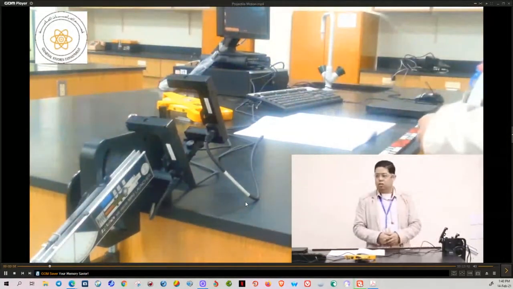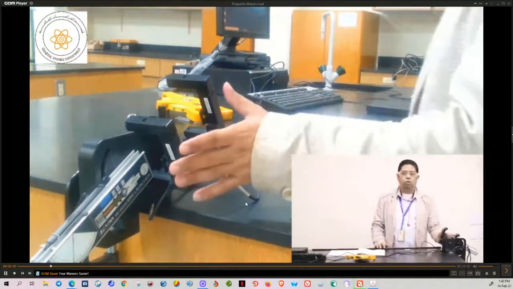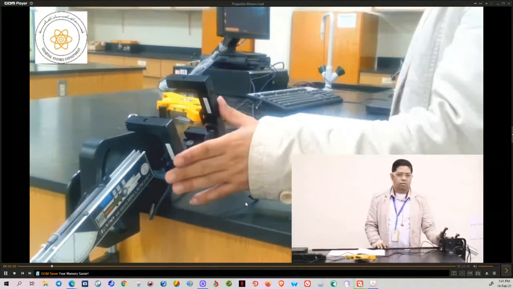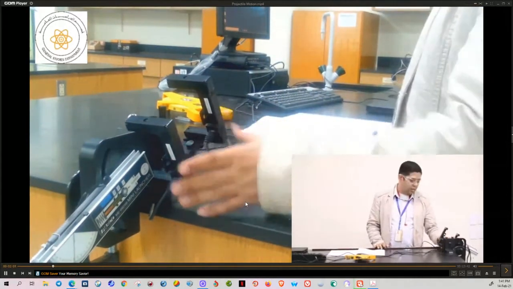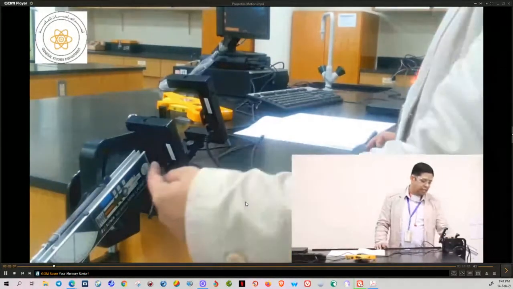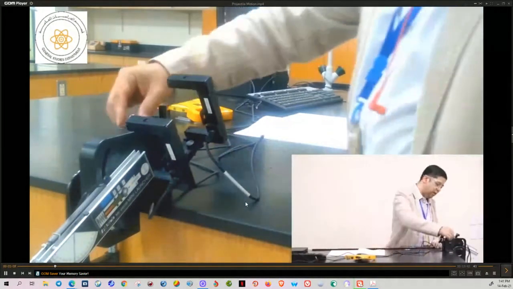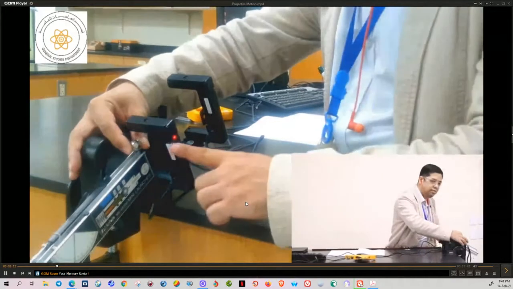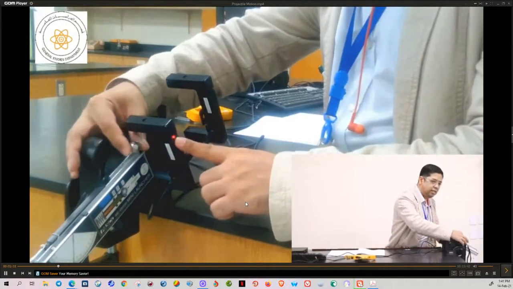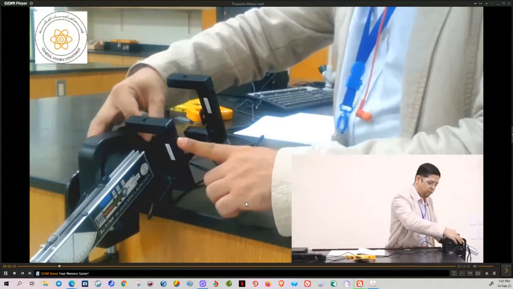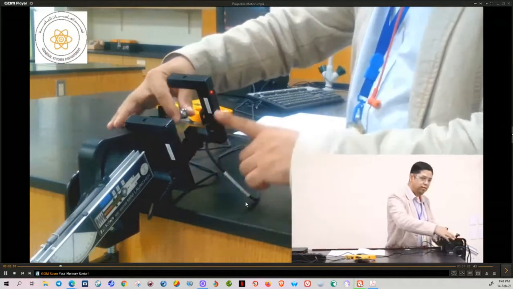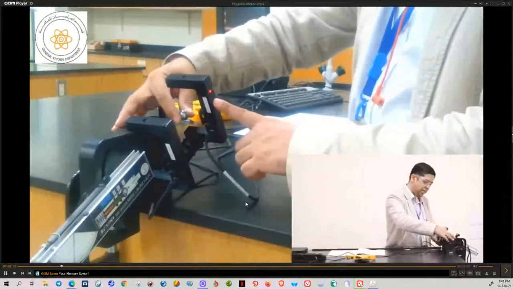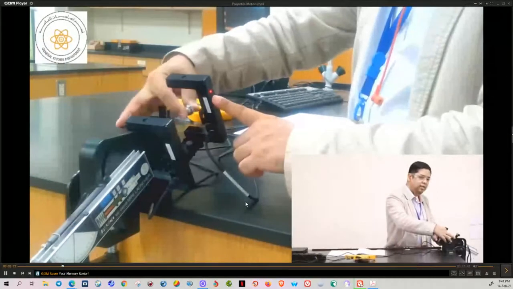In front of the projectile launcher, we have 2 photo gates. The first photo gate will detect the projectile as it passes through, and it's indicated by this light. And then as the projectile passes through the second photo gate, it will be detected as indicated by this light here.